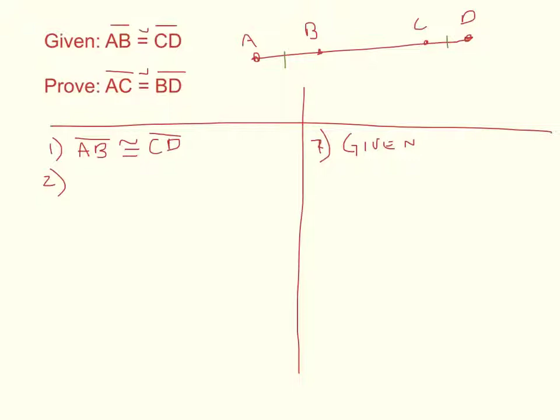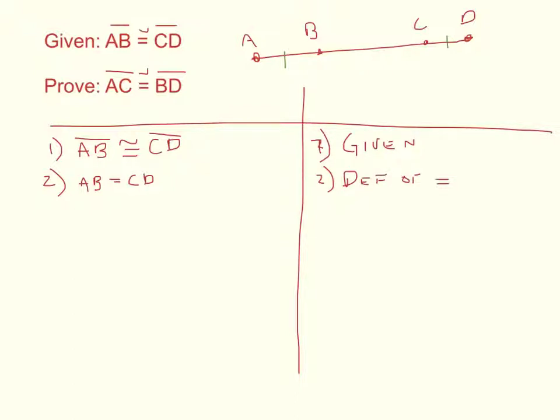We're going to have to add that middle piece. And to add anything, we need to change it from congruency to an equal sign. So we're going to say AB equals CD, and the reason is the definition of congruency.